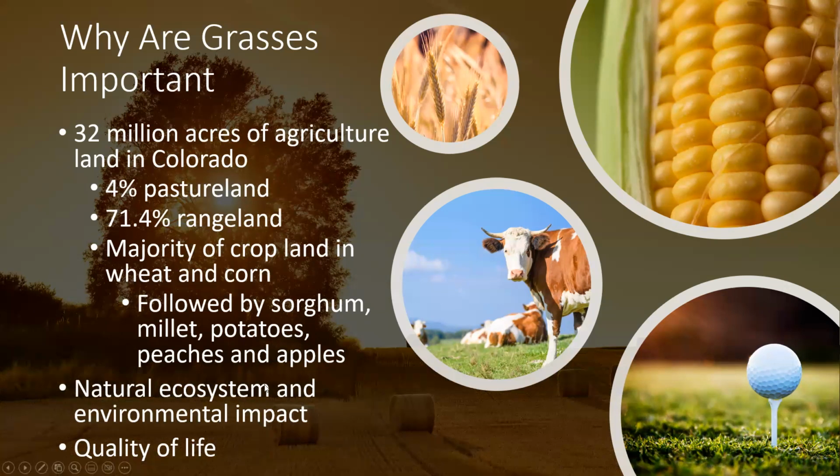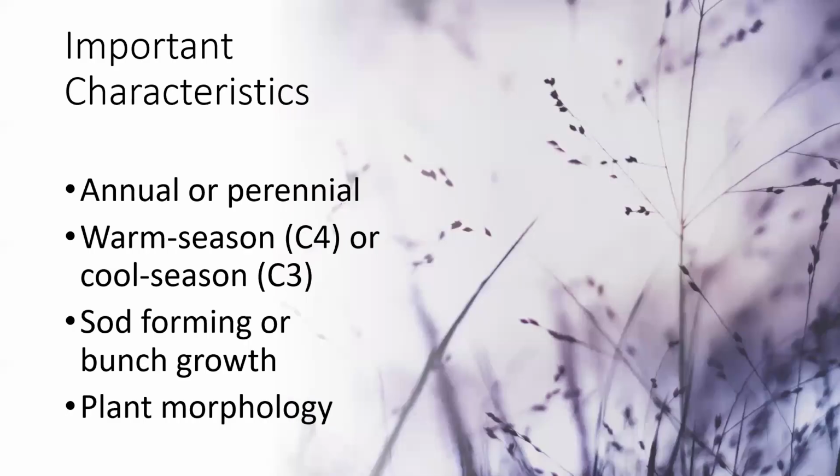So thinking about the environmental impact and the wildlife habitat is important because that's what is naturally in a large part of the state. And the quality of life, a lot of us enjoy grasses, whether that be we play sports or watch sports. We use it in our landscaping, or we just enjoy getting out there and maybe hiking or spending time in the natural environment.